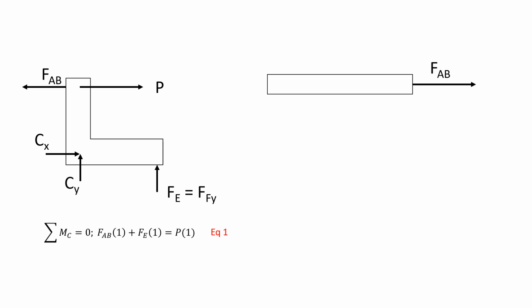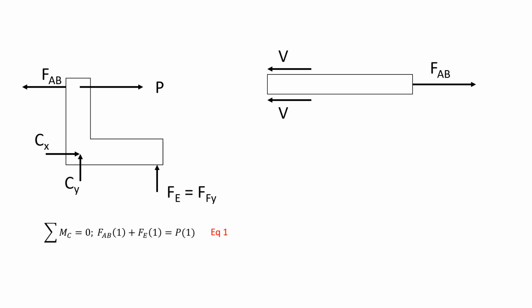Next, for member AB. So again, you have your FAB here. It's tensile. We assumed it to be tensile because the pulling force P would pull your link BCD to the right. So we assume that FAB will elongate. And then, of course, you have your rubber pads that are attached to your member AB.